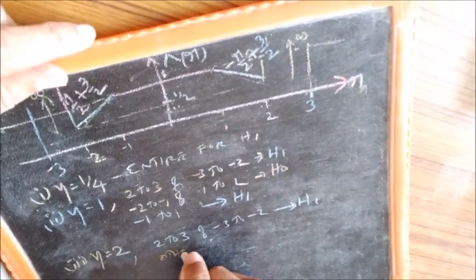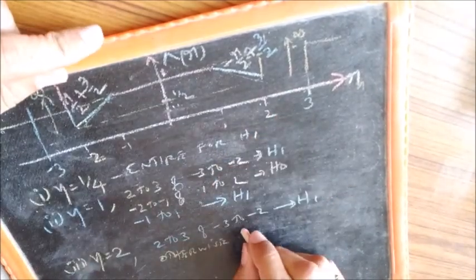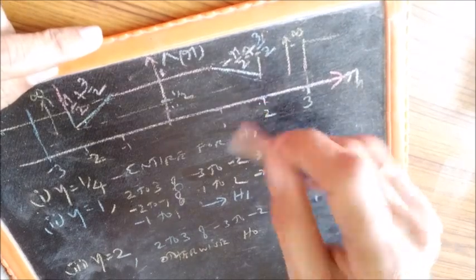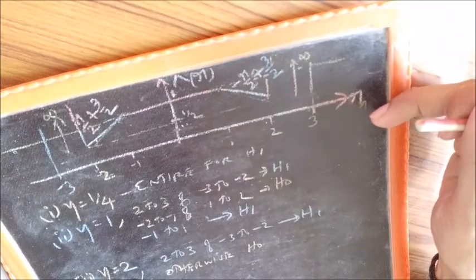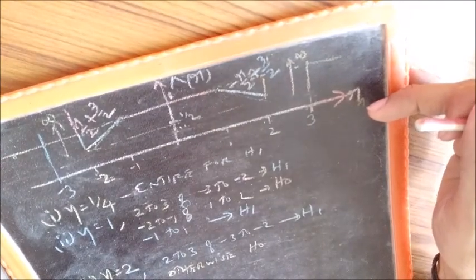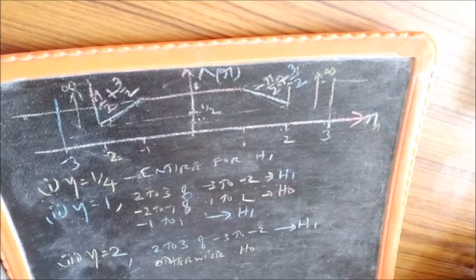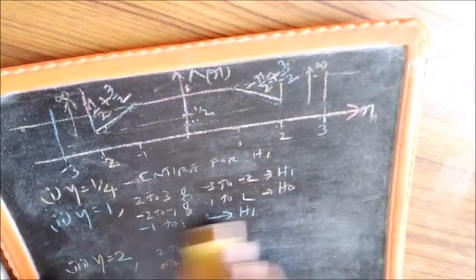Otherwise, for the rest of the range of values of R you declare H0, because from minus 2 to 2, since eta is 2, capital lambda is less than 2. So this is how we can bifurcate the decision region. This is how we can show the decision regions.